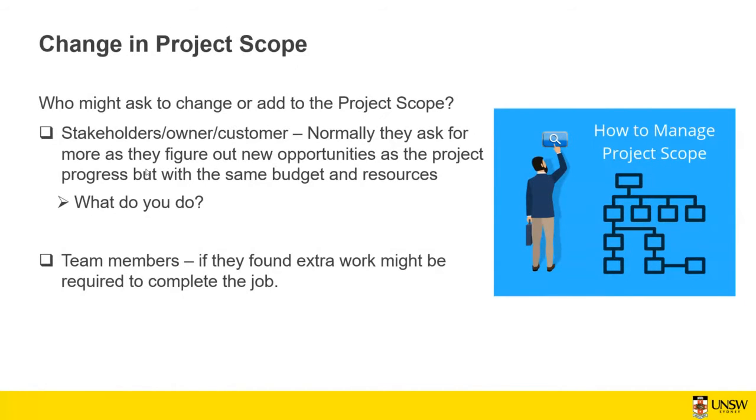Team members can also ask for changes in the project scope. And this is something that you also need to take in, because maybe they found that extra work might be required to complete the job. So you cannot just ignore that and say that this needs to be done no matter what. You need to, again, ask for all the information.